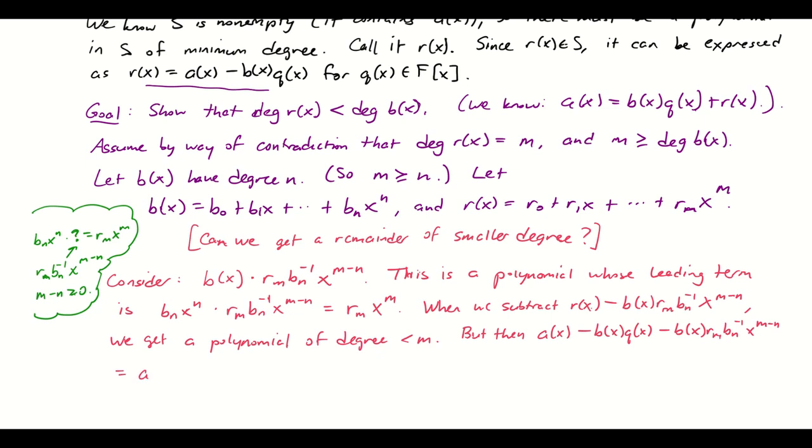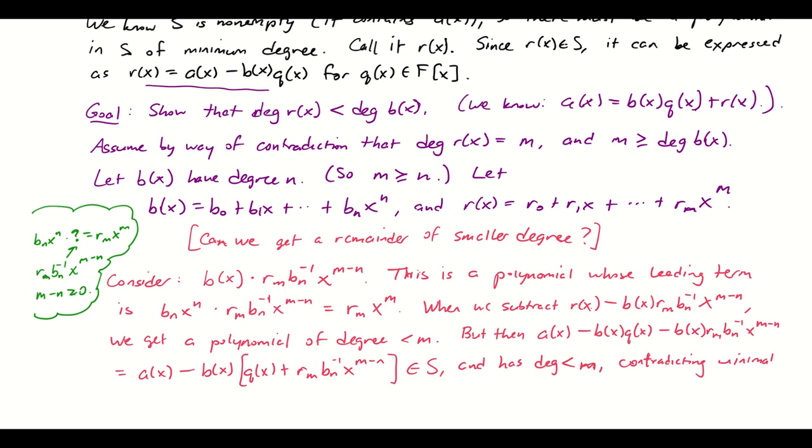And that's equal to a of x minus b of x times something, that's b of x times q of x plus rm bn inverse x to the m minus n. And that polynomial belongs to S, and it has degree less than m. And that contradicts our assumption that m was minimal. So that contradicts the minimality of m. So now we have a contradiction.